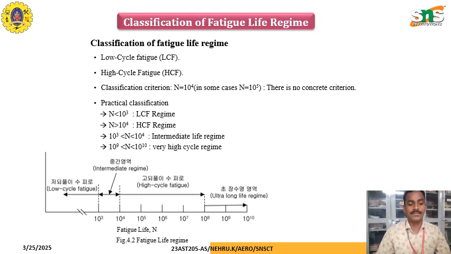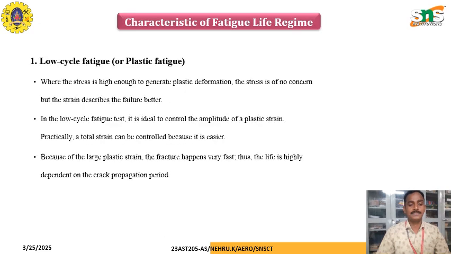It is shown in the graph: low cycle fatigue region, high cycle fatigue region, intermediate fatigue region, and ultra long life region. These are the various fatigue life regions. The main things we are going to concentrate on are the low cycle fatigue region and the high cycle fatigue region.